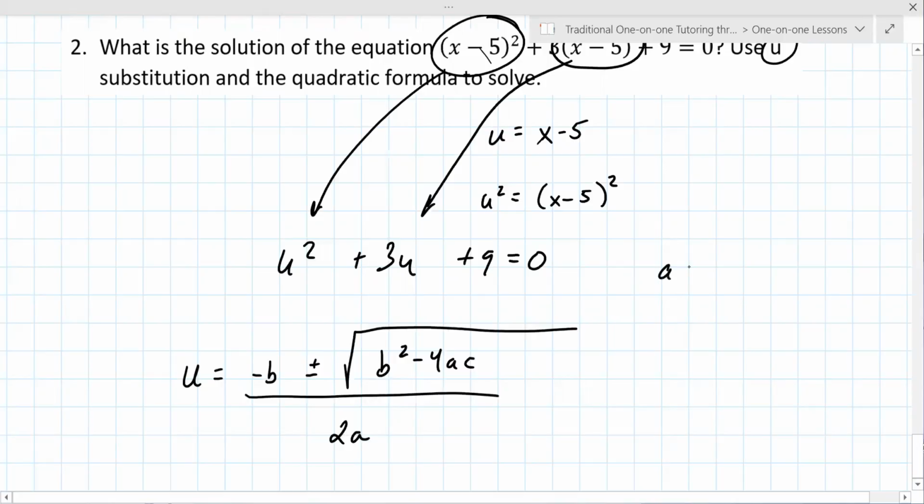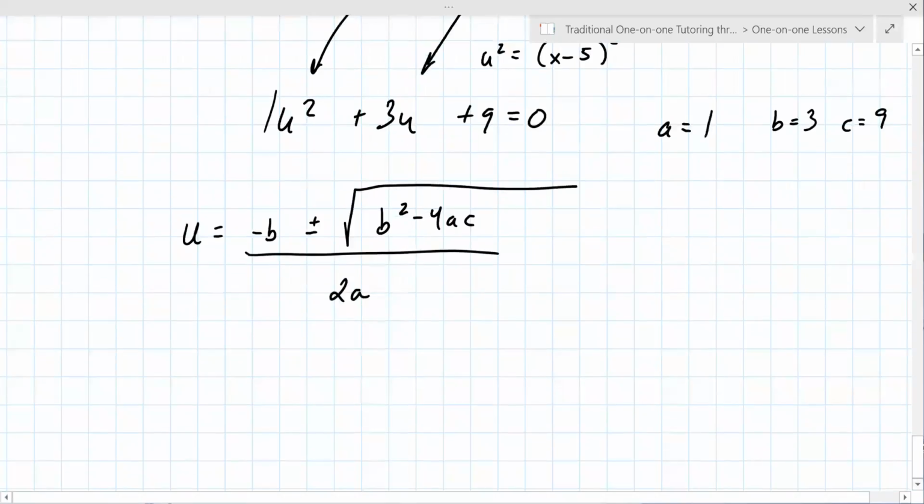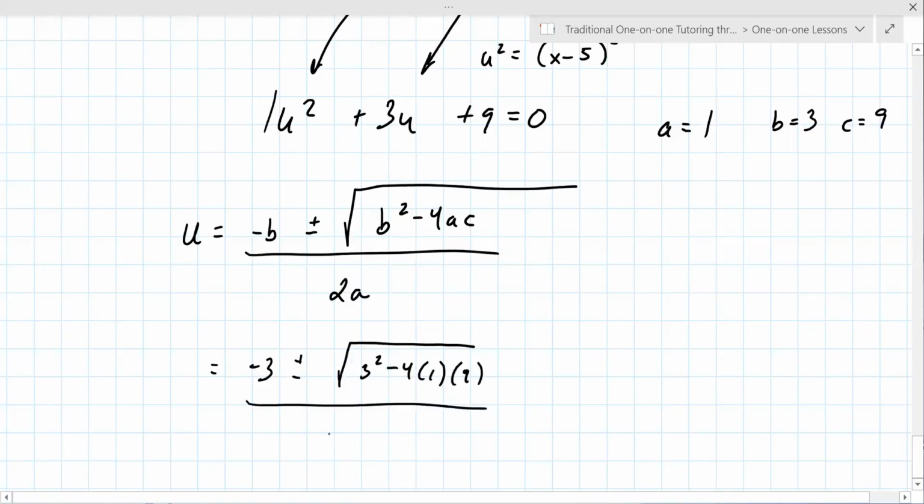And so we really need our a, our b, and our c. So a is 1, b is 3, and c is 9. So we get, and we're just plugging in now, minus 3 plus or minus the square root of 3 squared minus 4 times 1 times 9 all over 2 times 1.